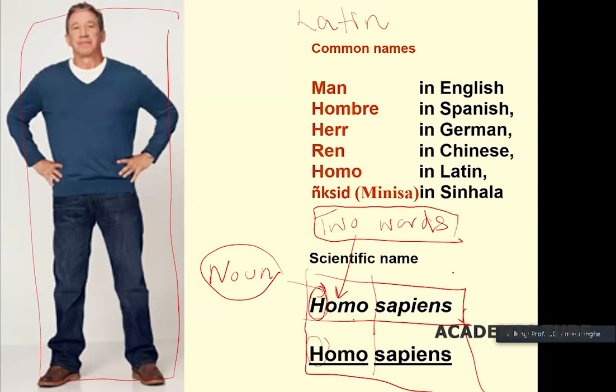The words are Latin, and we write them in italic form. If it is a printed version or a handwritten one, we underline them instead. This first word noun is followed by the second word, which describes further about this particular organism. The second word starts with a simple letter, and it is a description of the first word.